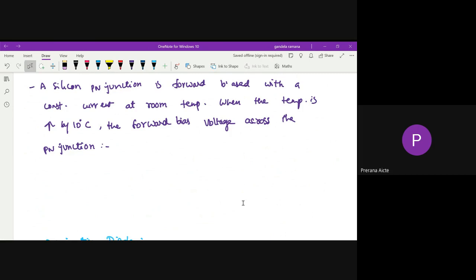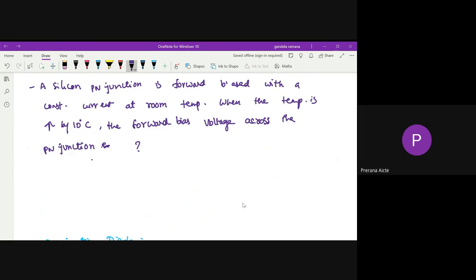A silicon PN junction is forward biased with a constant current at room temperature. When the temperature is increased by 10 degrees centigrade, the forward bias voltage across the PN junction changes by how much?